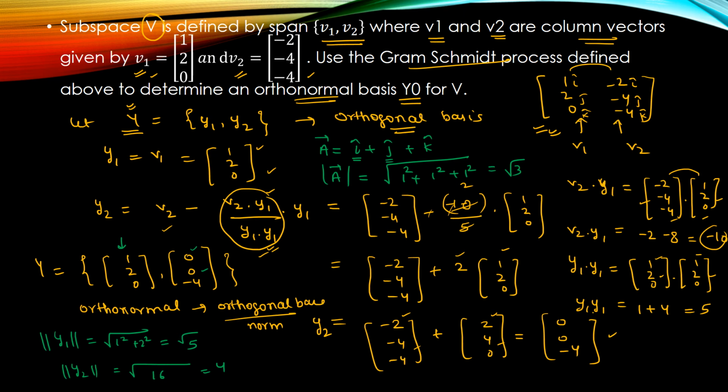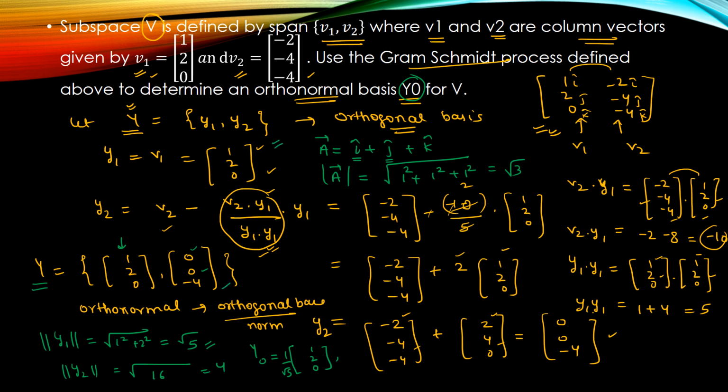Now you have got these two norms, so simply divide y. If you have to find y naught, which is the orthonormal basis, you have to divide y1 with its norm, 1 by root 5, comma, then y2 is what?